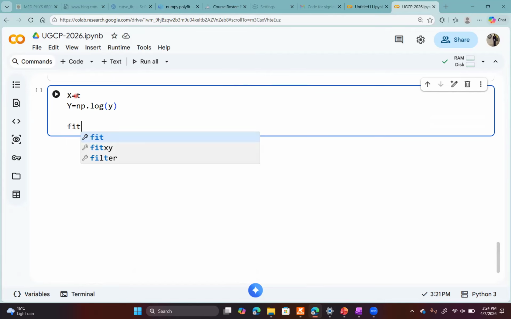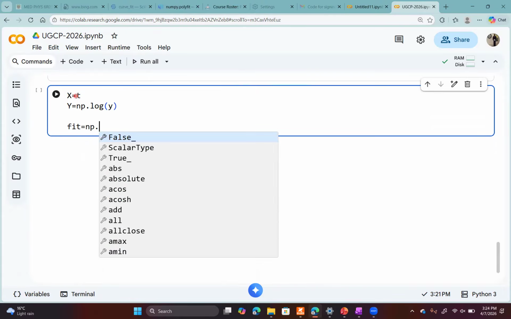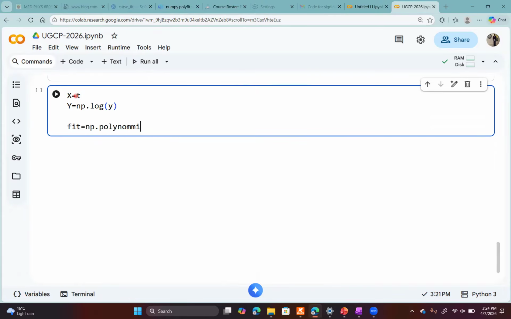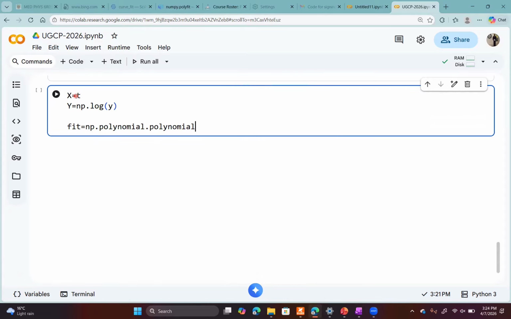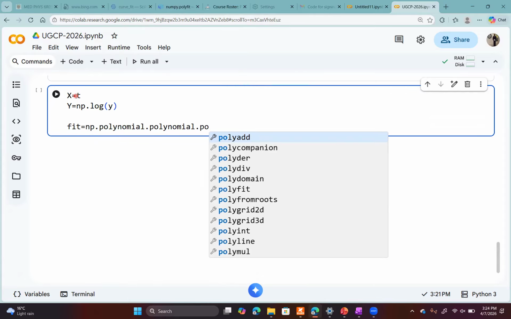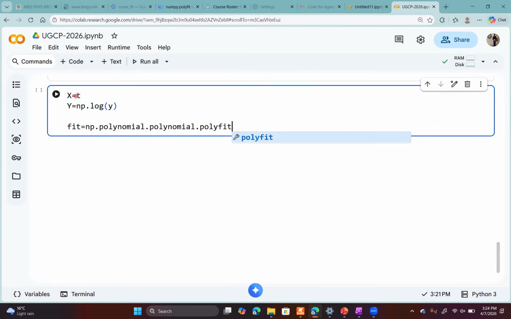So fit linear fitting is equal to NumPy polynomial dot polynomial. That's the route to get to that one, and then polyfit. So now it will be on x, y, and I have to set the degree equal to 1.